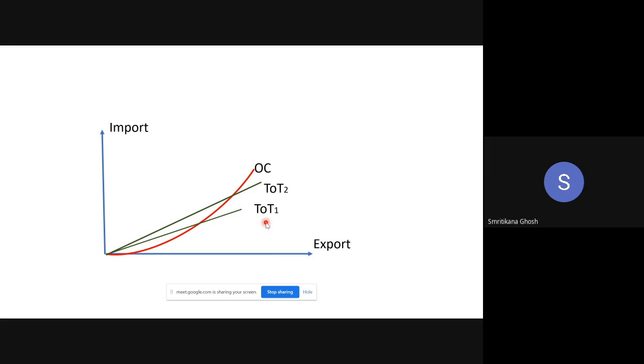So export and import both will rise if terms of trade is rising, and this line will be positively sloped like this red line. Okay, but it has a curvature. It's like this, just inverse of your indifference curve, sort of. So this diagram is okay or not?